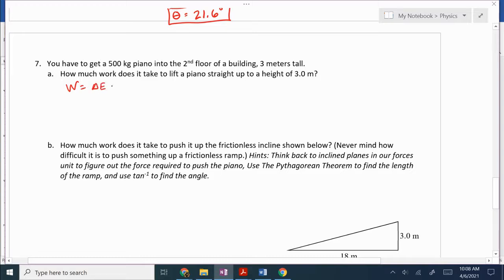You're changing your gravitational energy: final gravitational energy minus initial gravitational energy, 0. So that would be 500 times 9.8 times 3 meters minus the 0 that we started with.